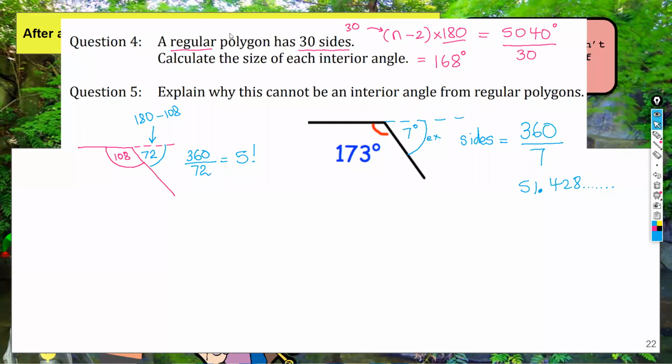So whenever the angle is 173, this cannot be a regular polygon, because the number of sides would have to be a nice whole number, not a number with a decimal attached. I hope that answers the question. We're supposed to get a whole number. So take 20 seconds and we will move on.